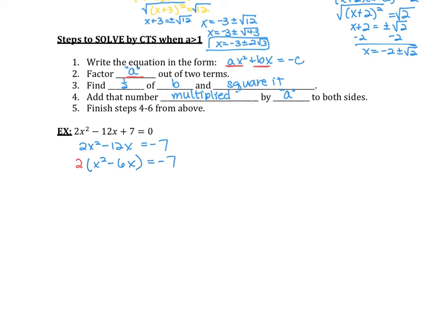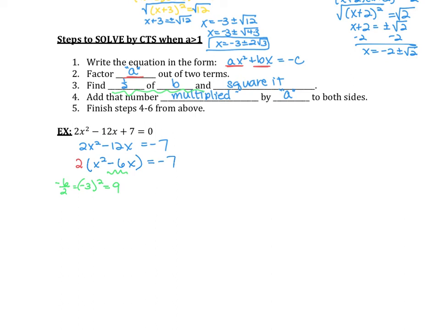Now I'm going to take half of the b, but half of the b is a different b. So I'm going to take half of the b I get when I factor it out. So half of negative 6, divided by 2, is negative 3, and I'm going to square that to get 9. And I'm going to add that number multiplied by a to both sides.